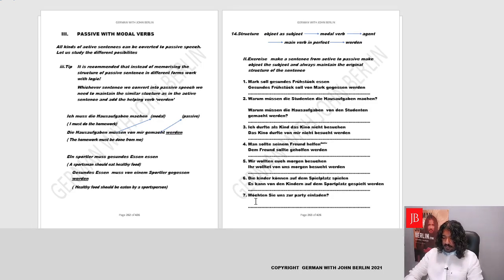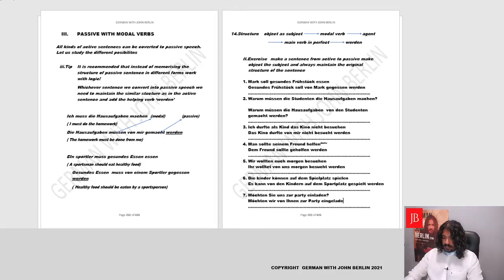So we'll begin with möchten. That's the question, so we'll stick to the question format. Möchten wir. Sie is the subject. It will turn into the agent, von Ihnen. Genau. Möchten wir von Ihnen zur Party eingeladen werden? Very good.